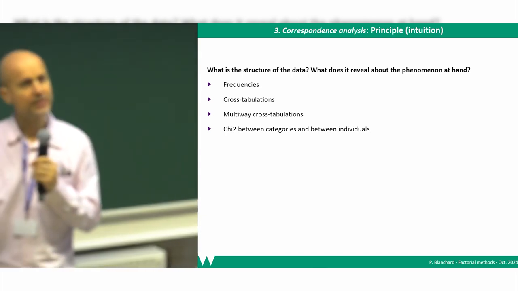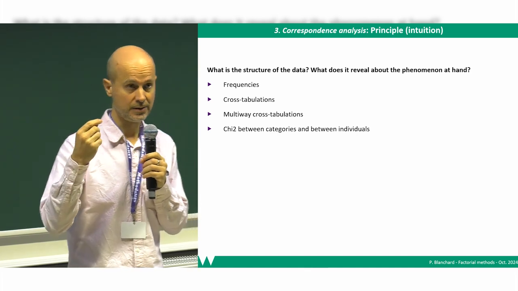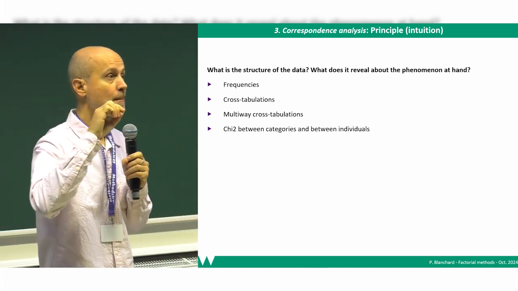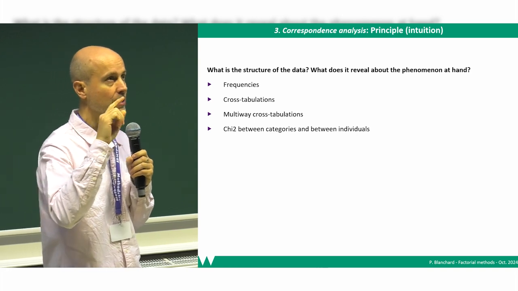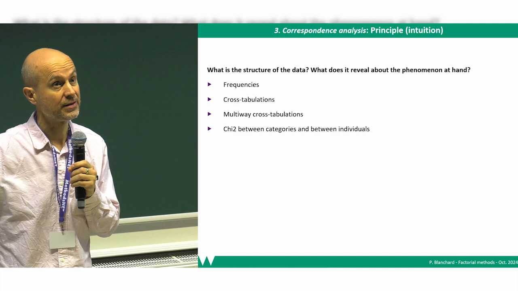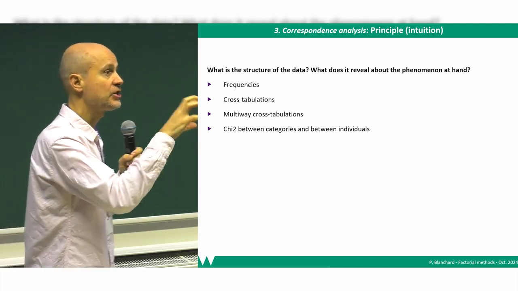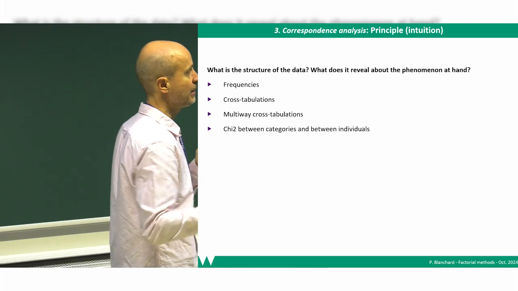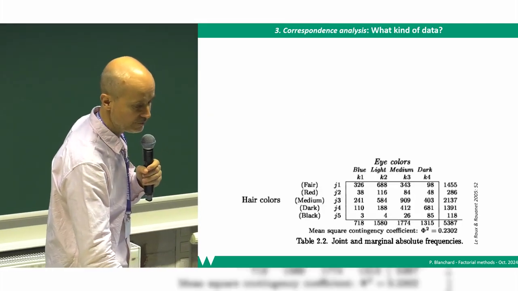And that gives you an idea already of the structure of your data. That is, how correlated a group of something is with a group of something else. We mean with certain professions, age category with certain values, and so on. So we often start with those kind of things.